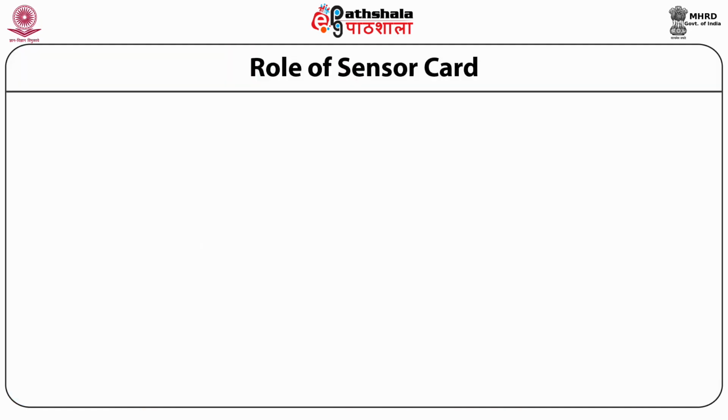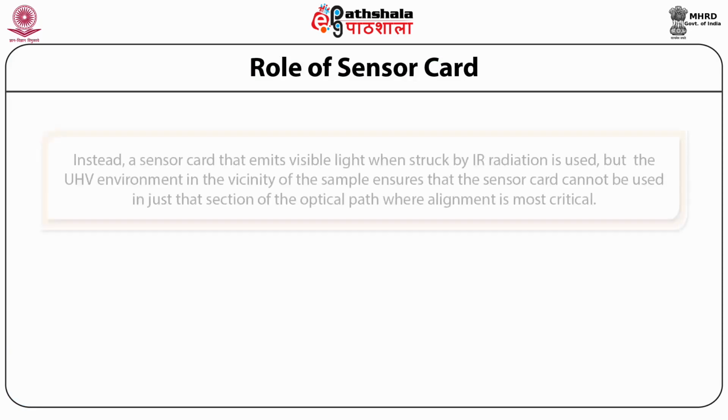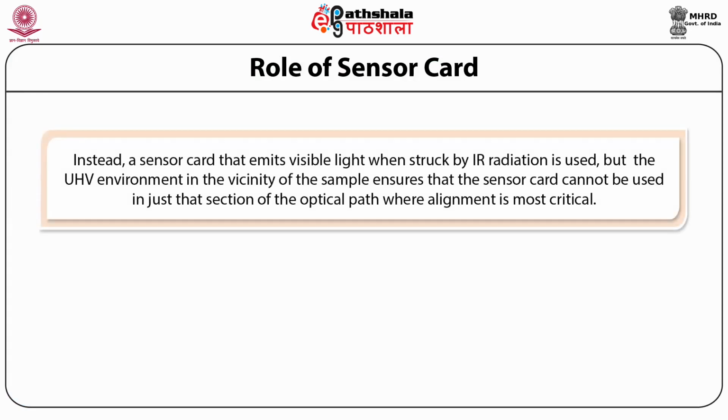Talks about the role of the sensor card. Instead, a sensor card that emits visible light when struck by IR radiation is used, but the UHV environment in the vicinity of the sample ensures that the sensor card cannot be used in just that section of the optical path where alignment is most critical.